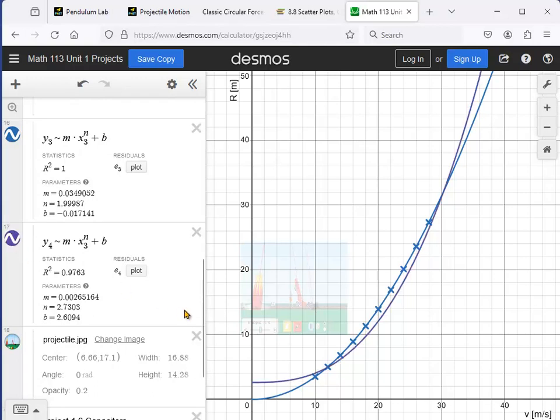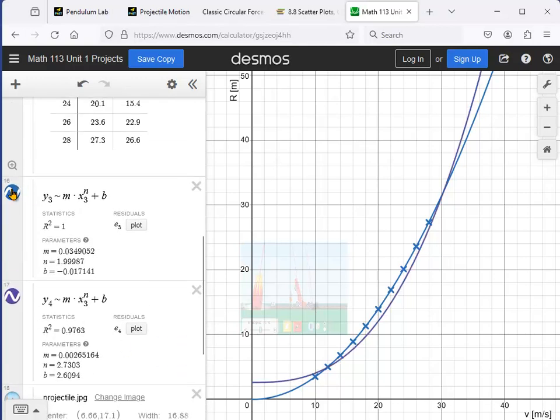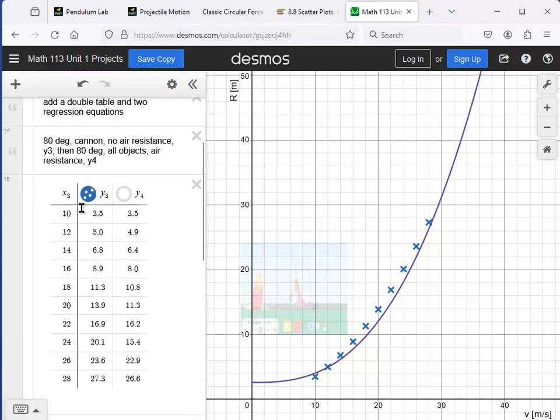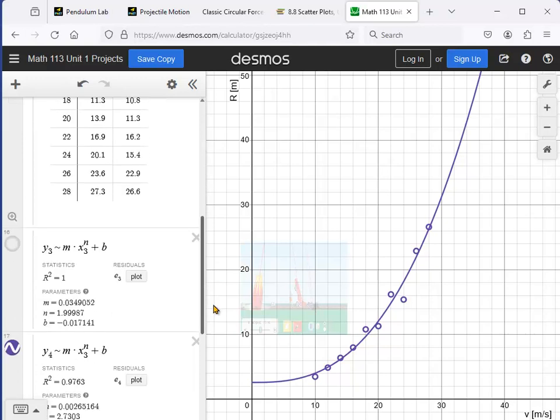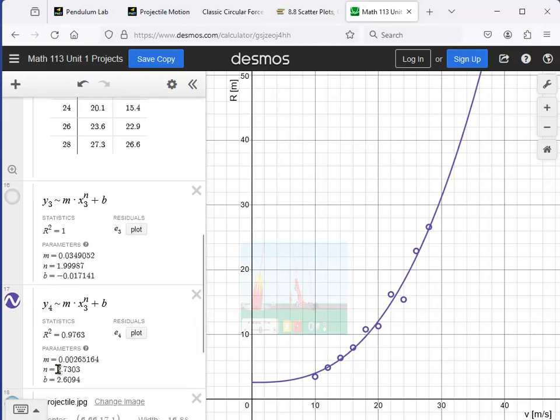Now I'm going to turn on the ones with the air resistance and the different projectiles that we shot out of the cannon. And yeah, here we have a spread, and it still kind of follows more a curve than a line, am I right? So there it is. It's definitely not a square relationship anymore. It's more like a 2.7. It's almost like a cubic relationship.